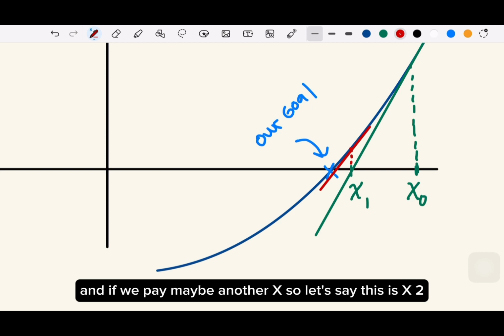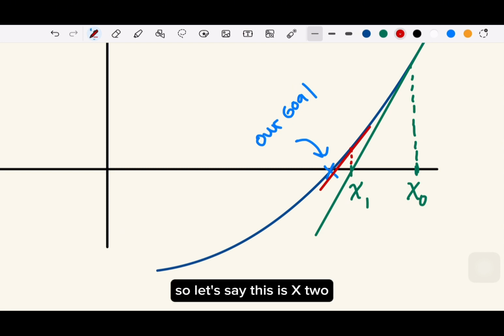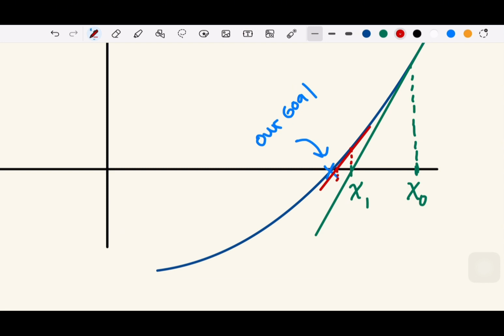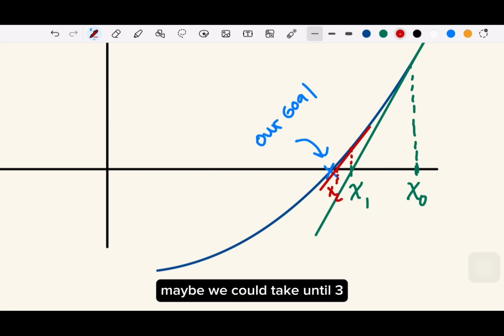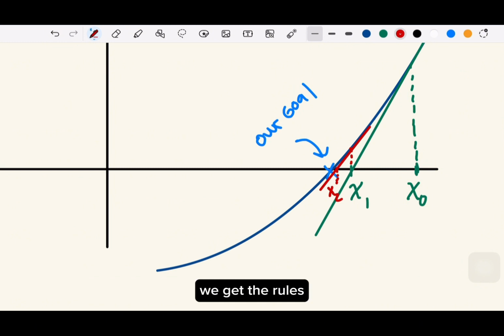If we take another x, let's say this is x2. Maybe we could go until x3, x4, x5, and you will see that the number is getting consistent, which means that we get the roots.